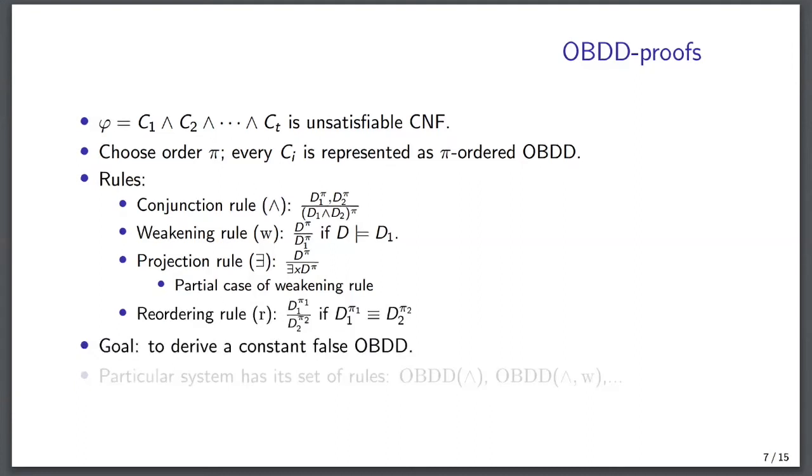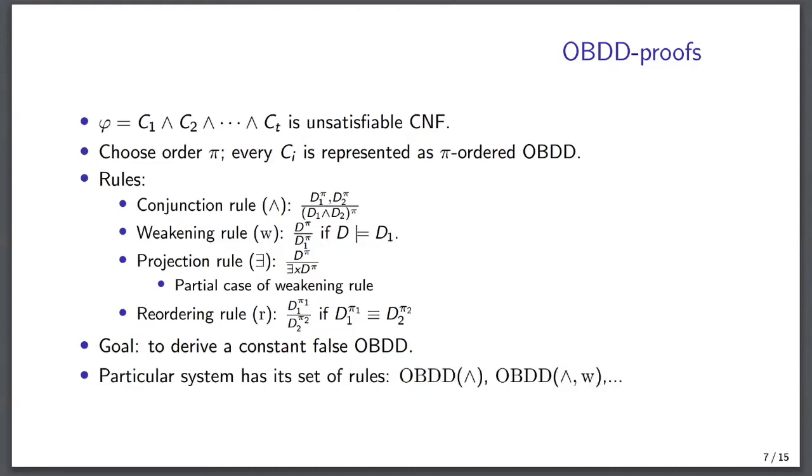And there is also one additional reordering rule, where we just change the order of variables in an OBDD without changing the Boolean function. But I want to stress that in the conjunction rule, it is important that we apply it to two OBDDs in the same order. In other cases, it would be NP-hard to verify the correctness of the application of this rule. And the goal is to derive, from the initial OBDDs, an OBDD representing the constant false function.